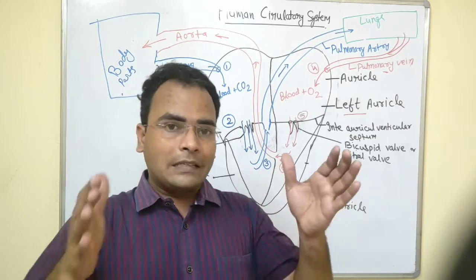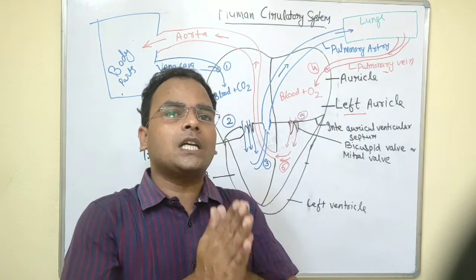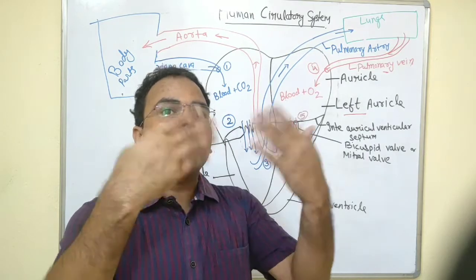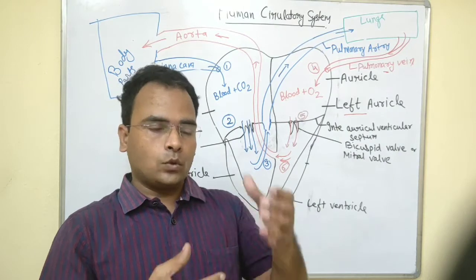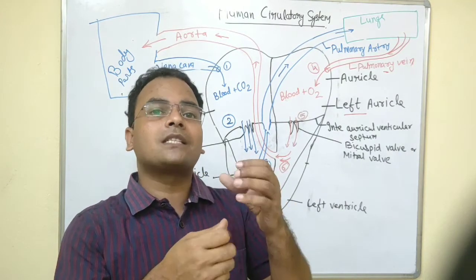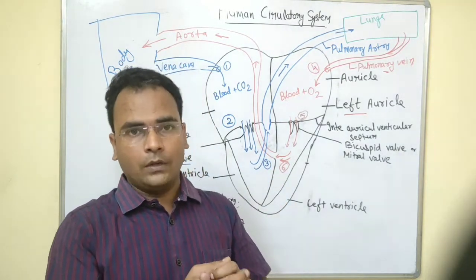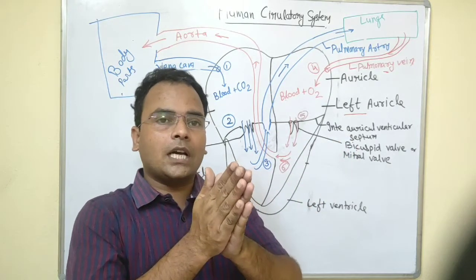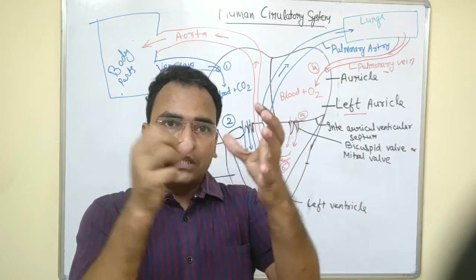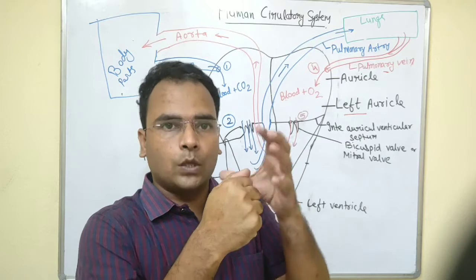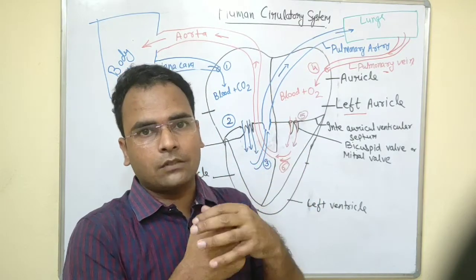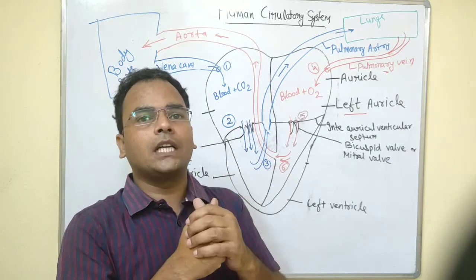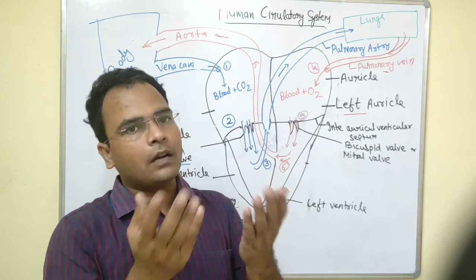Because it has to exert more pressure so that blood can be pumped throughout the body. It has to exert more pressure as well as sustain the pressure. It will apply a lot of pressure, and its own wall should not break or burst from that pressure, so that wall needs to be strong. That's why the wall of the ventricle is thicker as compared to the auricle.